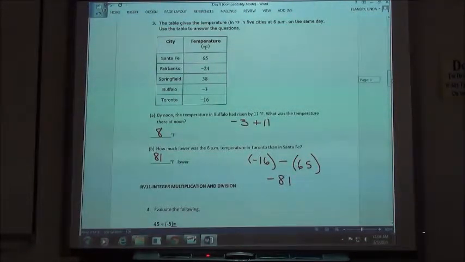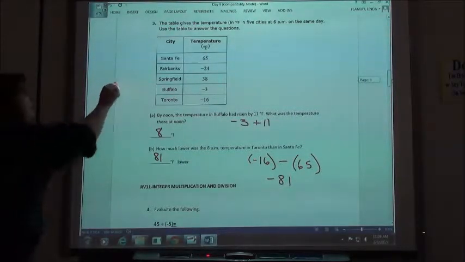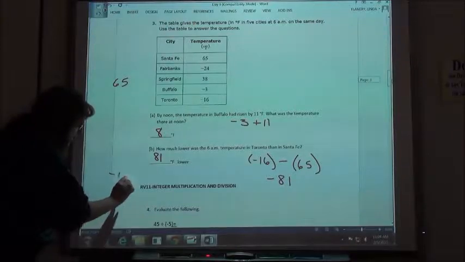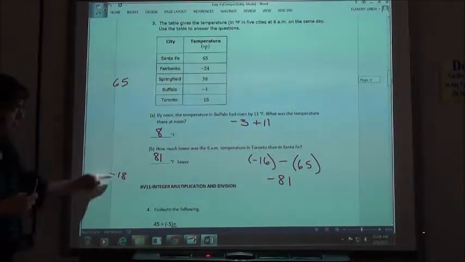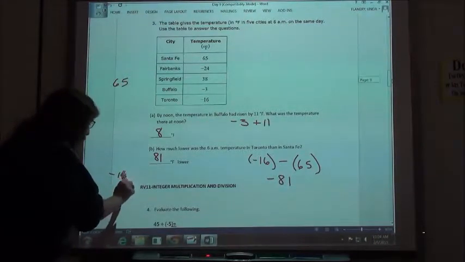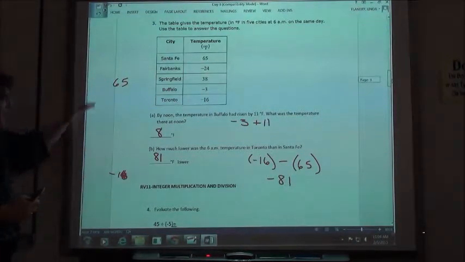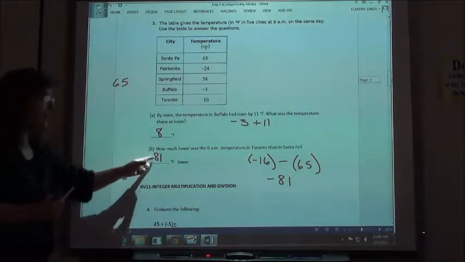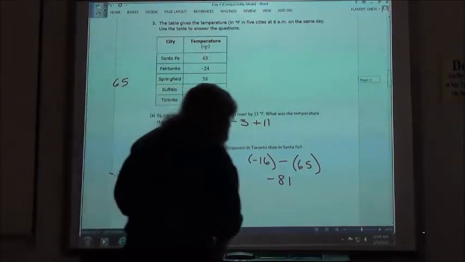So in Toronto it was negative 16, Santa Fe was positive 65. 65 compared to negative 16, I dropped by 81 degrees. So 65 down to a negative 16, I dropped by 81 degrees.